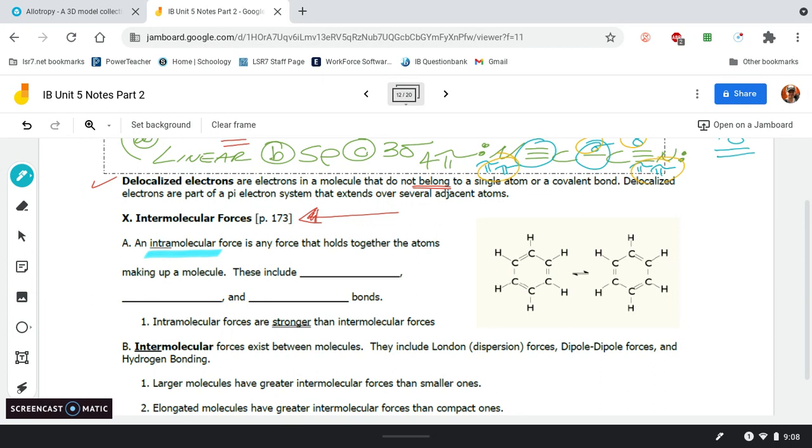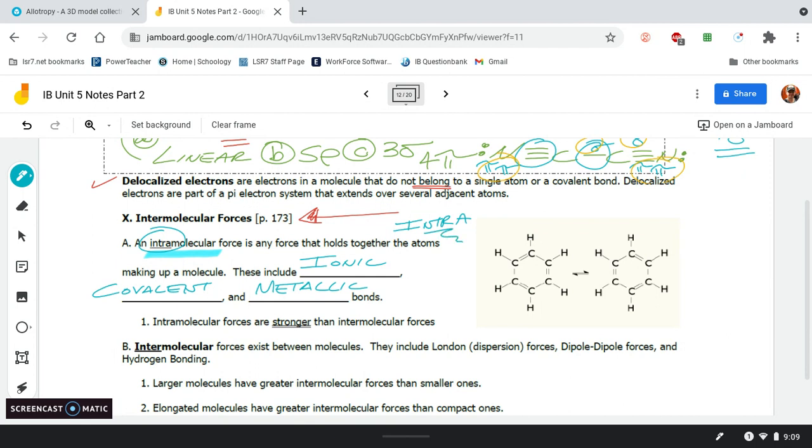This includes your ionic, your covalent, and your metallic bonds. Now, the difference is that these intramolecular forces, right there, so it's the INTRA.